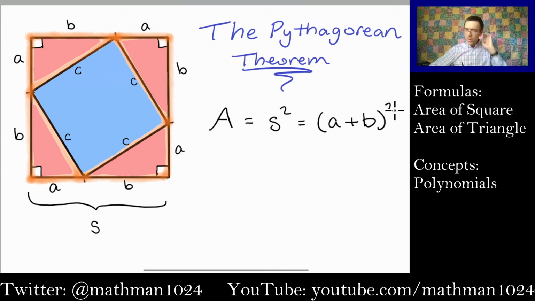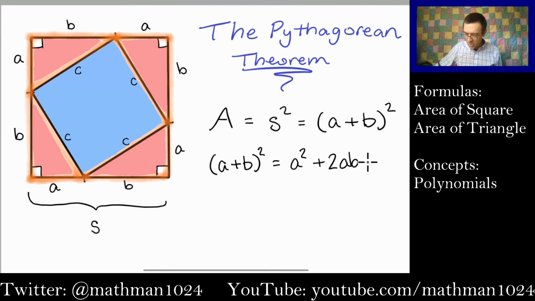If we remember a little bit about our algebra and polynomials, we know that this multiplies out to give us something very special. This is one of those nice formulas from algebra. The quantity a plus b squared is equal to a squared plus 2ab plus b squared.